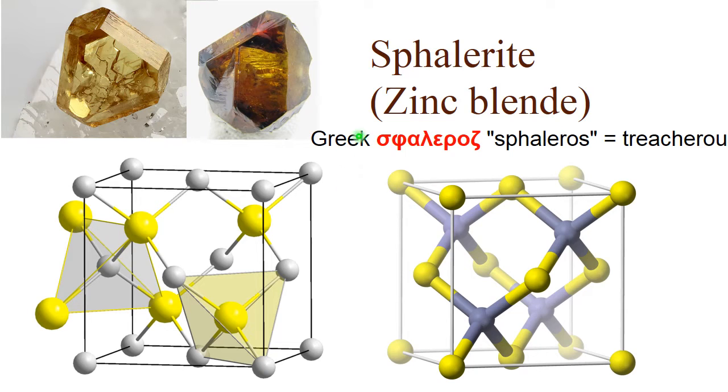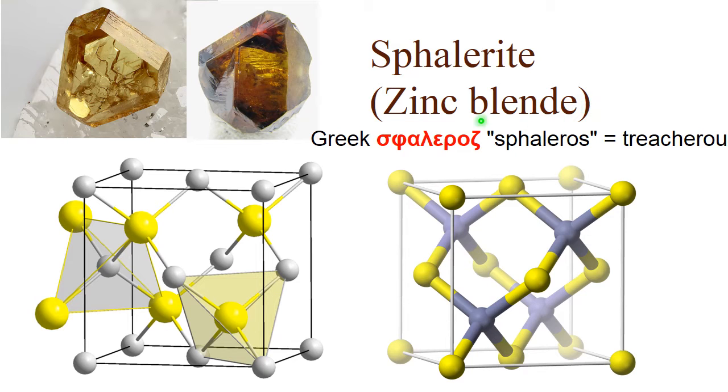Now there is a one-to-one structure with smaller coordination number 4, which is zinc sulfide. Its name is sphalerite, a mineral coming from sphalerós, treacherous. Another historical name is zinc blende.